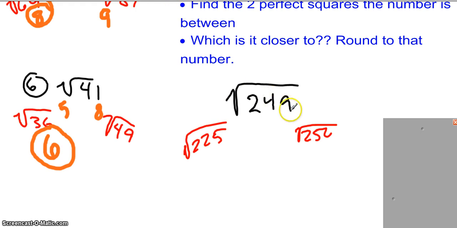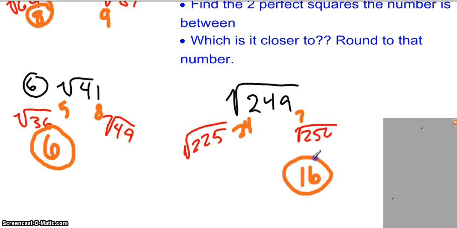Well, let's see. 249 is only 7 away from 256. But this is actually 24 away from 225. So 249 is much closer to 256, and the square root of 256 is 16.